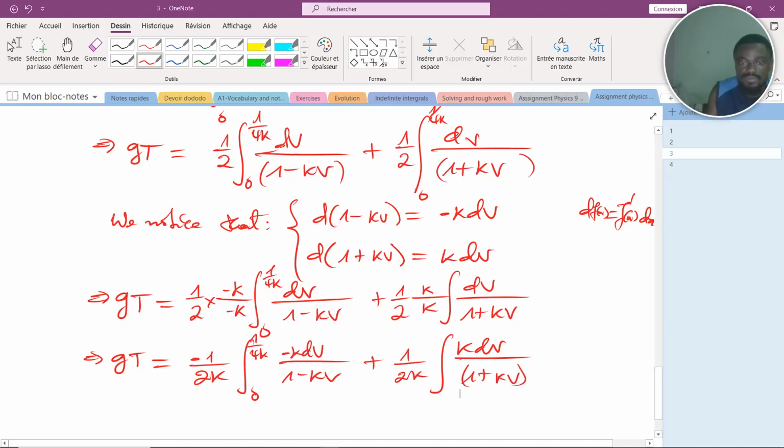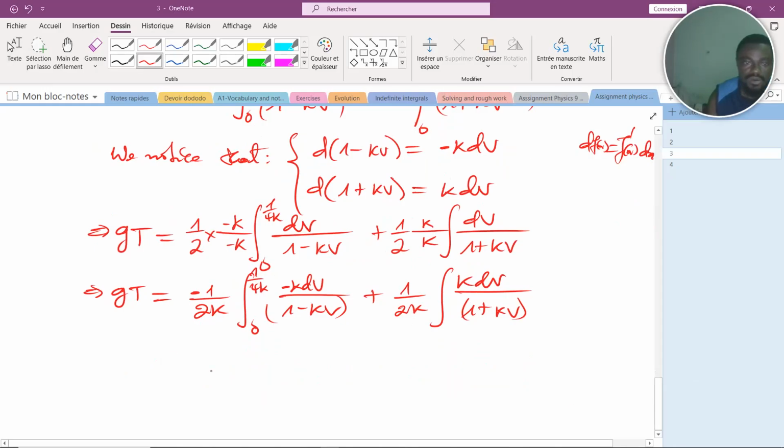Is that okay? Now notice that d of 1 minus kv was equal to minus k dv, so we are going to substitute it here. And d of 1 plus kv was equal to k dv, so we are going to substitute it here.